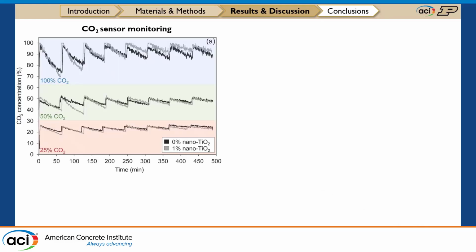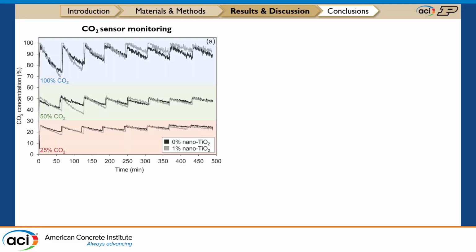And now looking at the results, these are the results for the first method, the CO2 sensor monitoring. You have here the CO2 concentration on the y-axis and the time on the x-axis. Each color represents a different initial concentration. On the top, in blue, we have the samples that were exposed to 100% CO2 concentration.